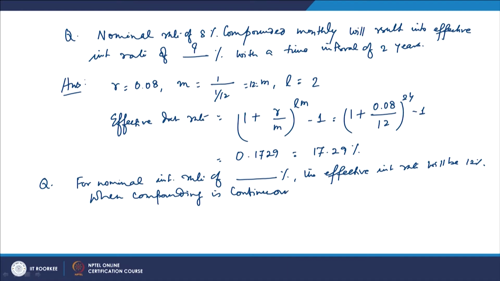So, basically you need to know what the nominal interest rate will be when the effective interest rate is 12% in the case of continuous compounding.